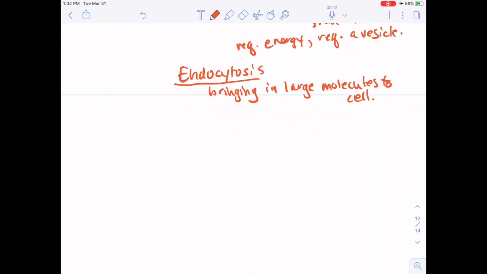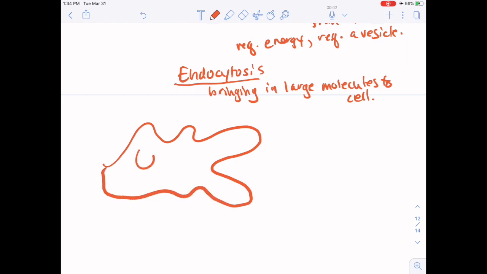Amoebas will form pseudopods around things. So, I'll just use this. I don't know if you remember your blobby looking amoebas. This is our amoeboid cell here. And here these are pseudopods. Here, that's a pseudopod there.